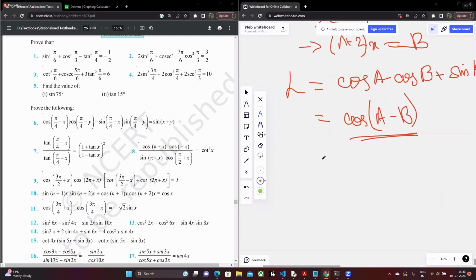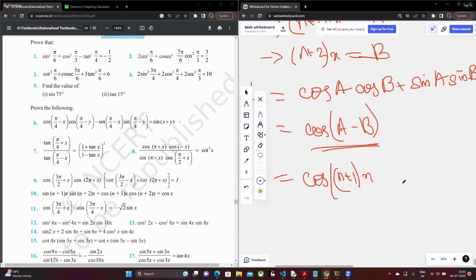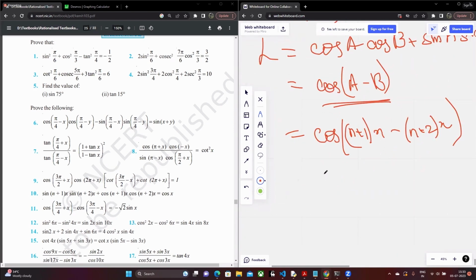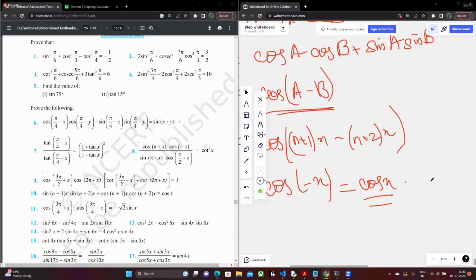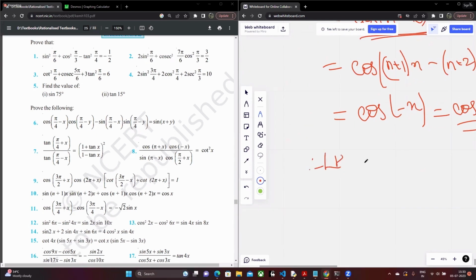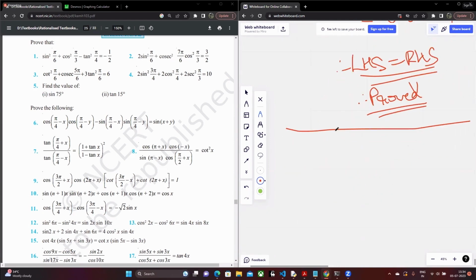Back substituting A and B, this is basically cos of (n plus 1) times x minus (n plus 2) times x, which is basically cos of minus x, which is equal to cos x, which is R. Therefore, I have LHS is equal to the RHS. Therefore, I have proved the statement. Cool. Question number 11.